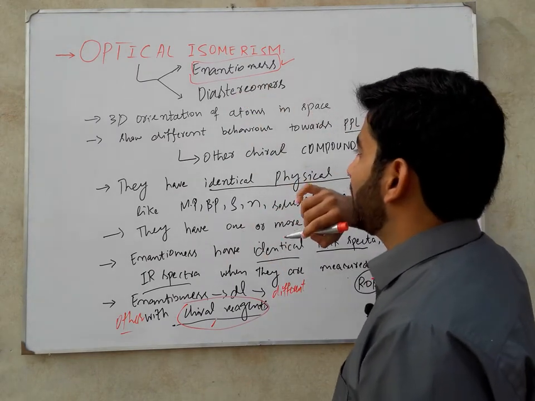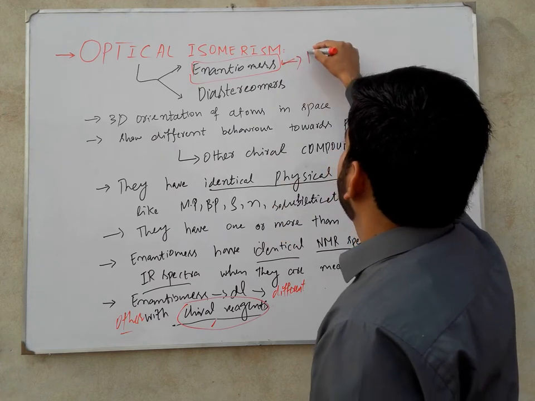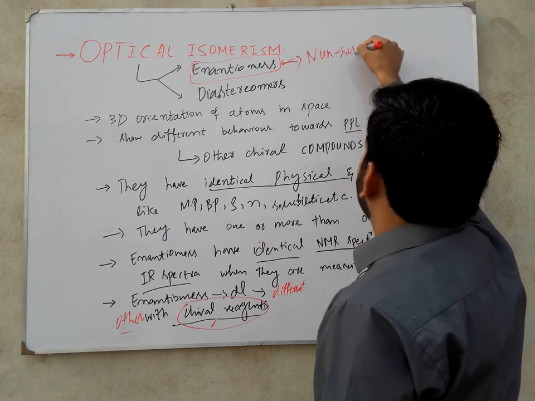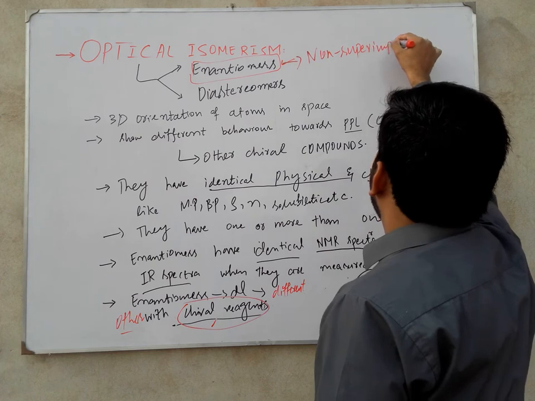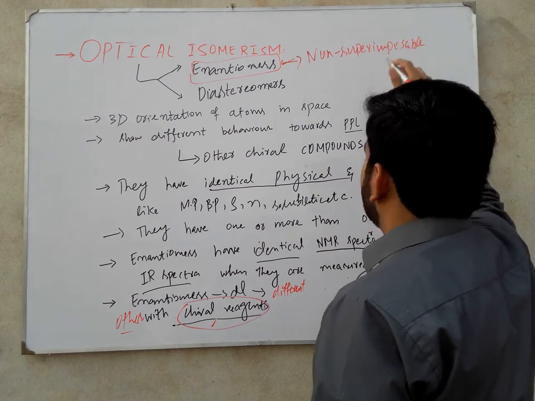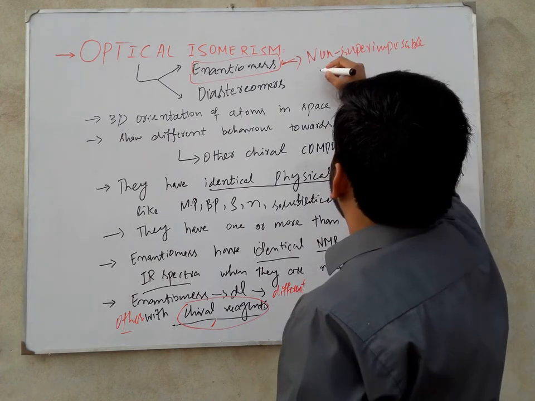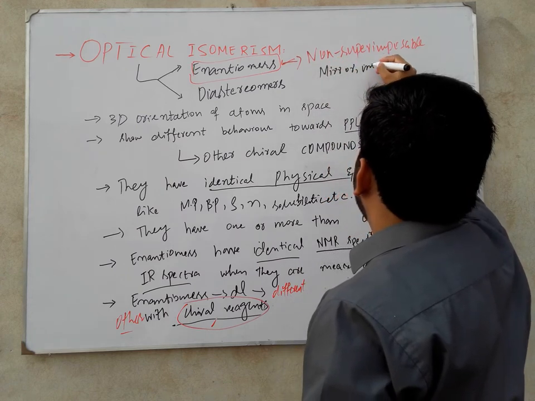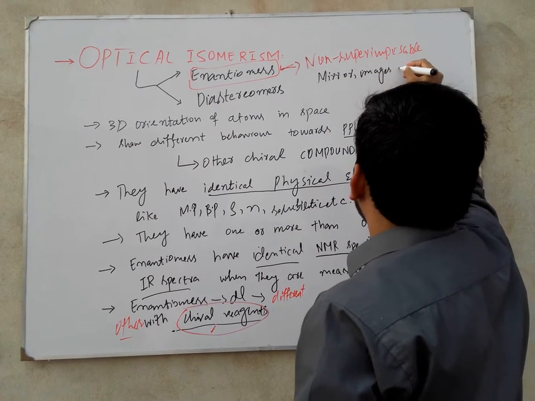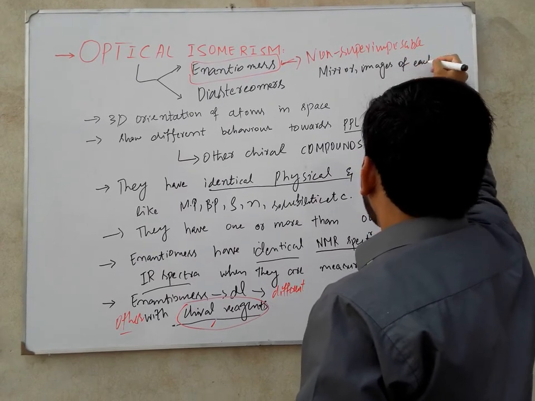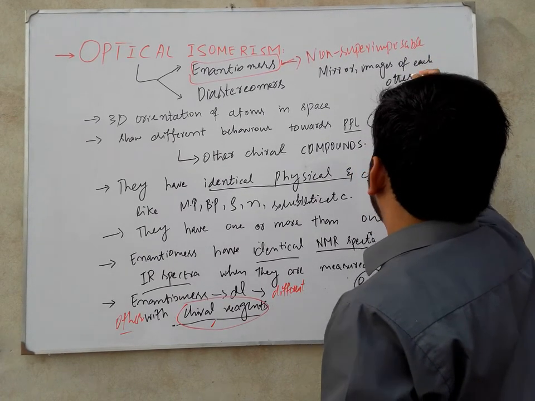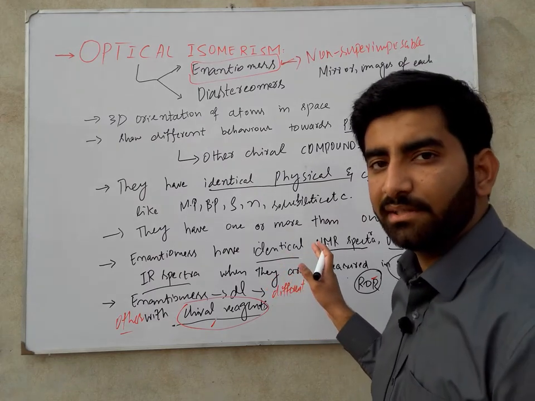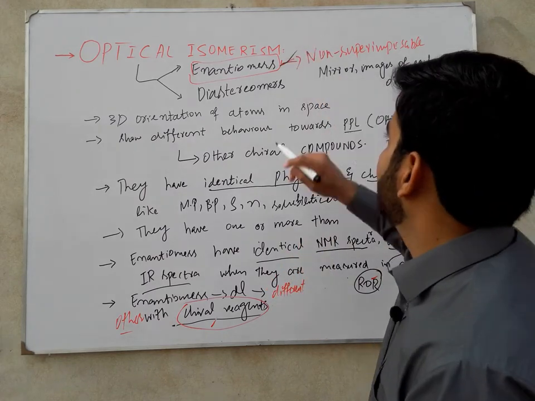And the most important characteristic is that enantiomers are non-superimposable mirror images of each other. So these are all the characteristics possessed by the enantiomers.